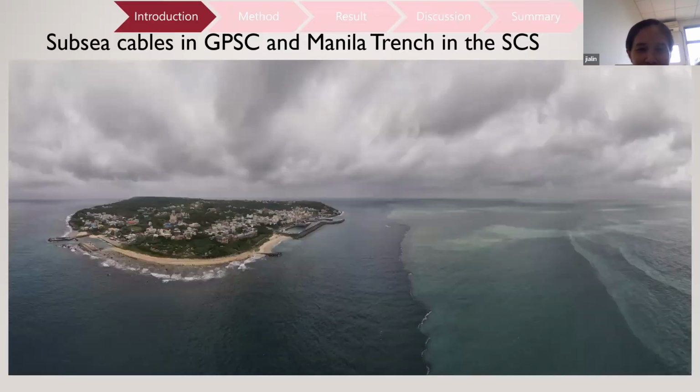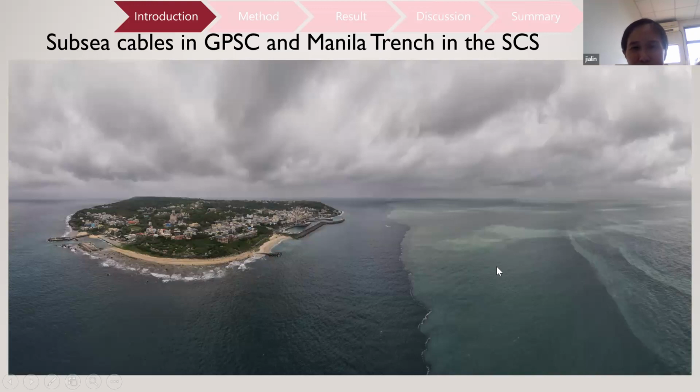This aerial photo was provided by another friend of mine who lives in Xiaoliuqiu. So this is clearly two colors of ocean, with high sediment or fresh water on the right-hand side, and the left-hand side is the normal ocean color.